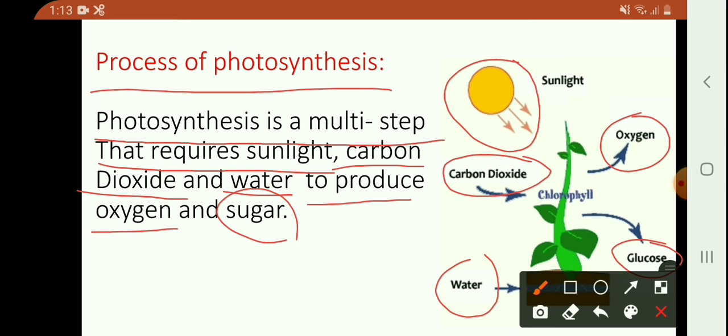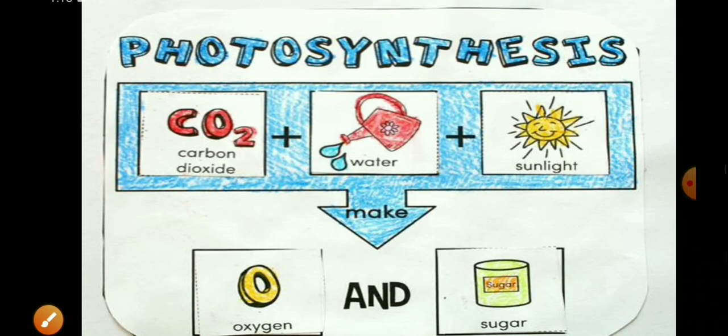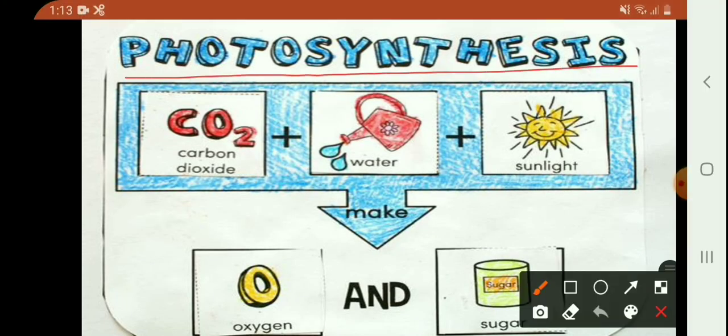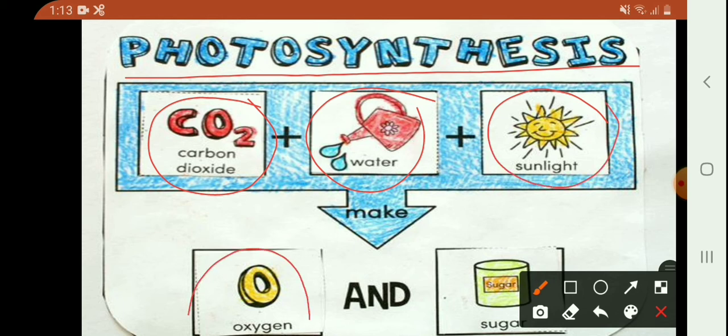So photosynthesis needs sunlight, carbon dioxide and water to give out oxygen and glucose. Photosynthesis: CO2, carbon dioxide from the air, water in the presence of sunlight make oxygen and sugar.